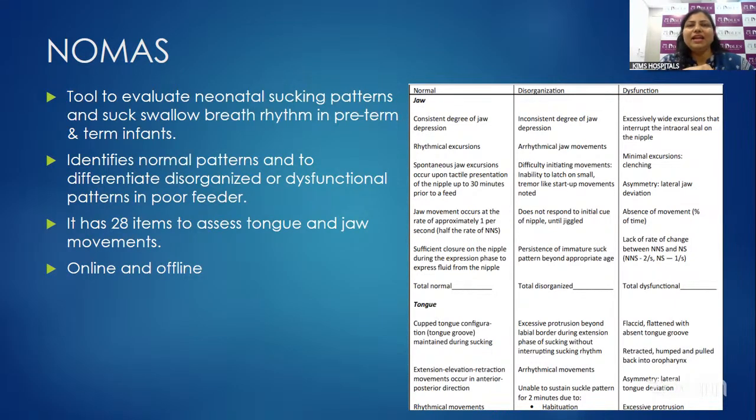So if the child has dysfunctional issues, then definitely the child needs immediate intervention. And you need to look into whether the tongue is flaccid, not cupping well and all. Also, if the groove is not formed, or sometimes it is forming and sometimes it is not forming, then it comes under disorganization. So basically you can train that kind of babies.